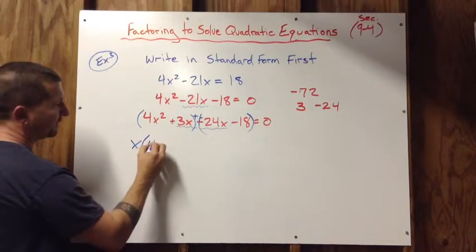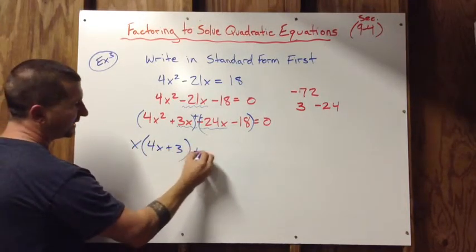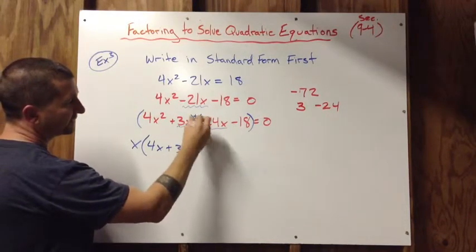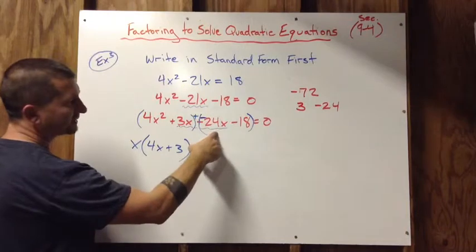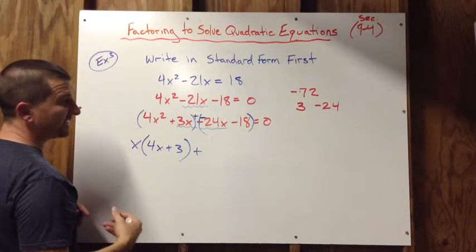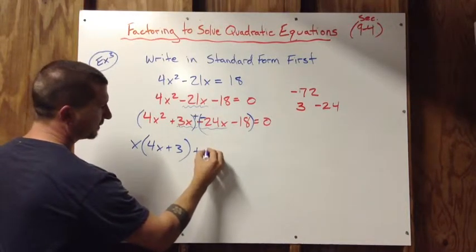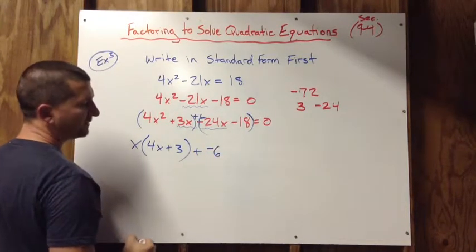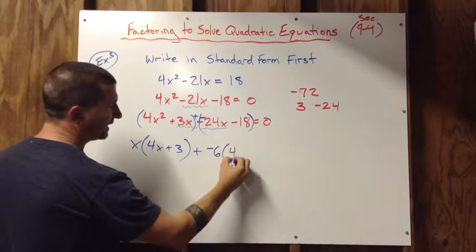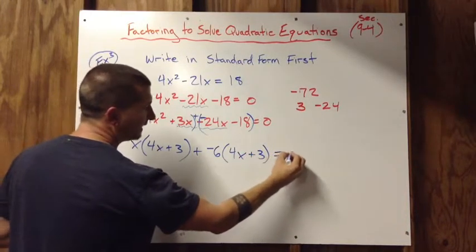And then we have 4x plus 3 left, plus negative, this is a negative 24x, minus 18. We can factor out a negative 6.